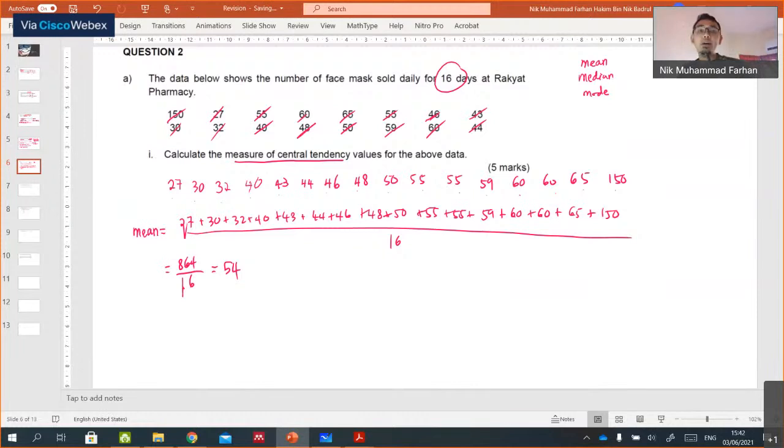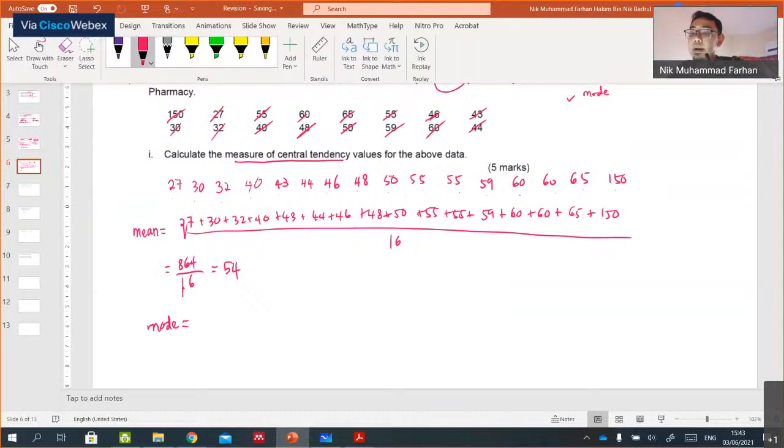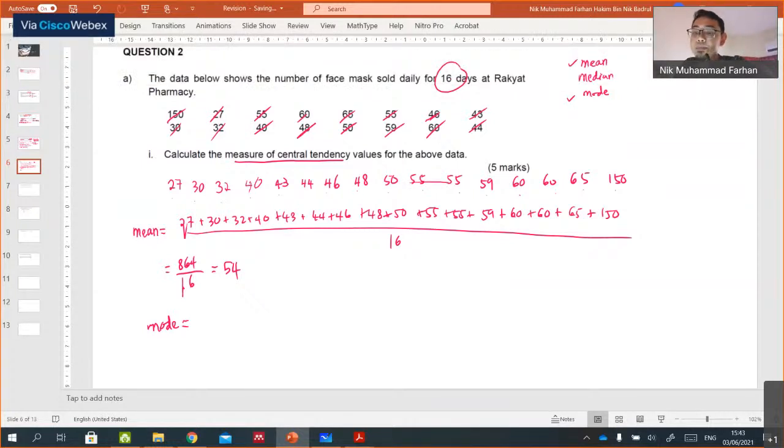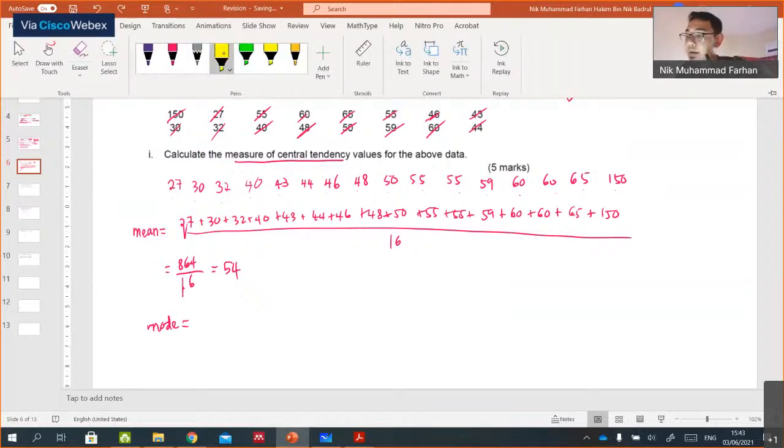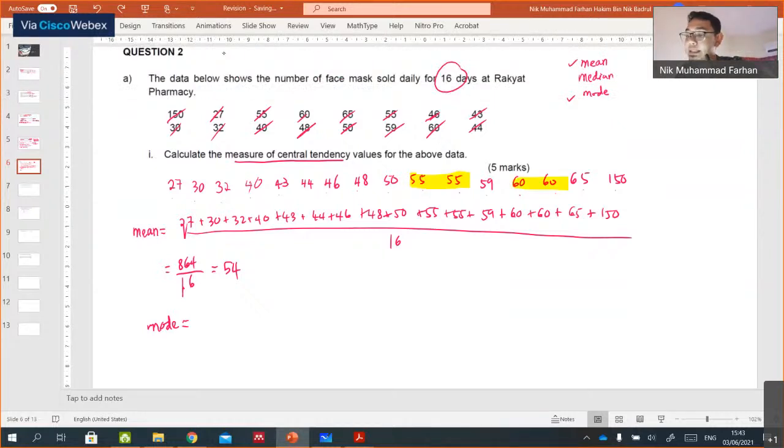Okay. Second, what you have to find is the median and the mode. For the mode, in this case, the mode is the one with the highest frequency. We can see the highest frequency is 55, 55, 60, 60.